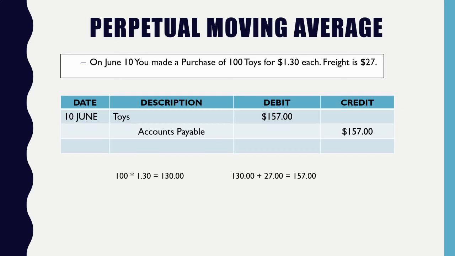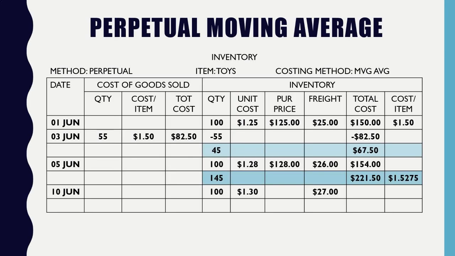June 10 rolls around and I end up purchasing an additional 100 toys for $130. Okay, so I plug my numbers in once again. I have $130 plus $248.50 gives me $378.50. But I don't calculate my cost per item here, since I have now introduced another purchase.